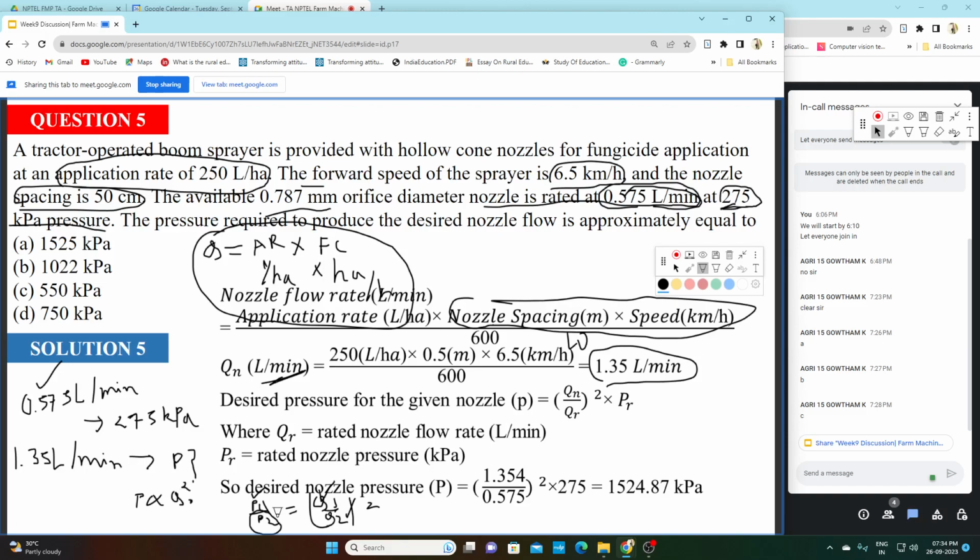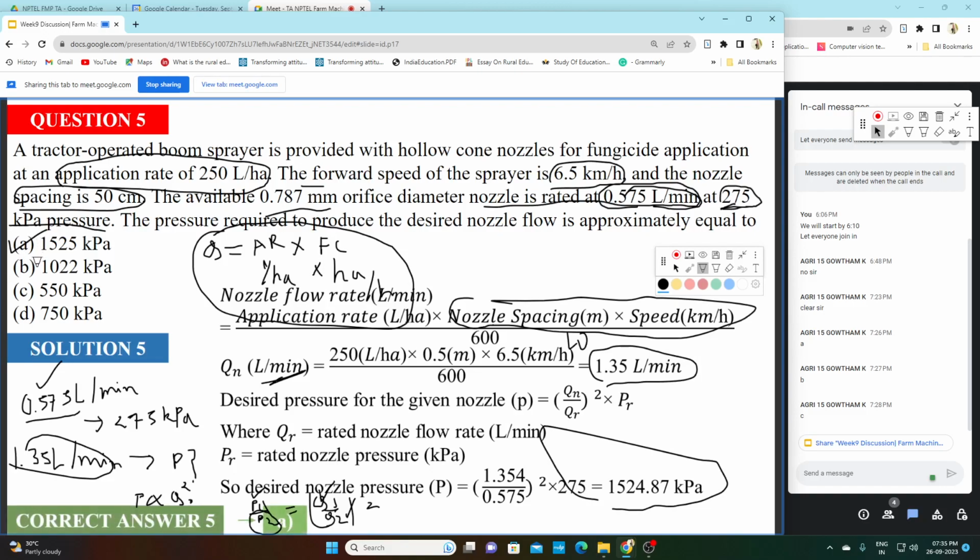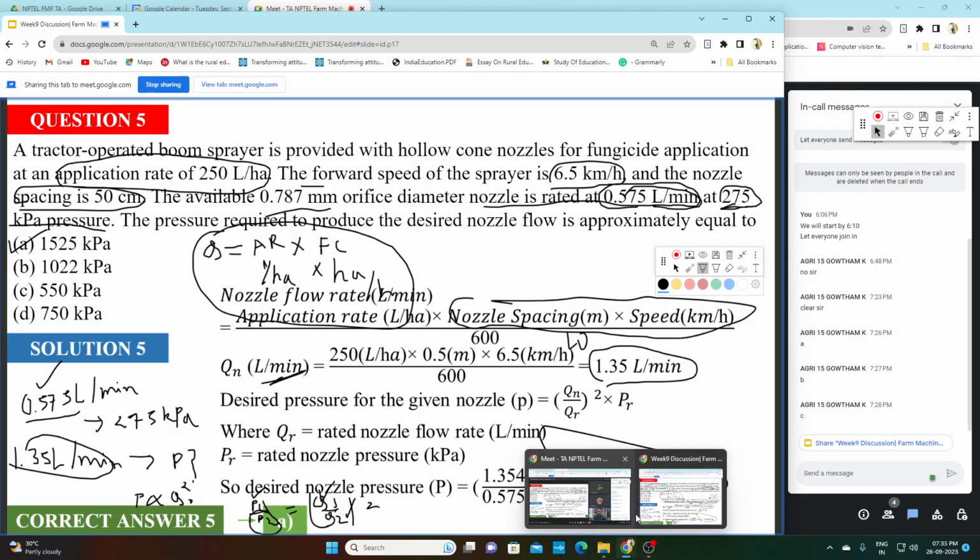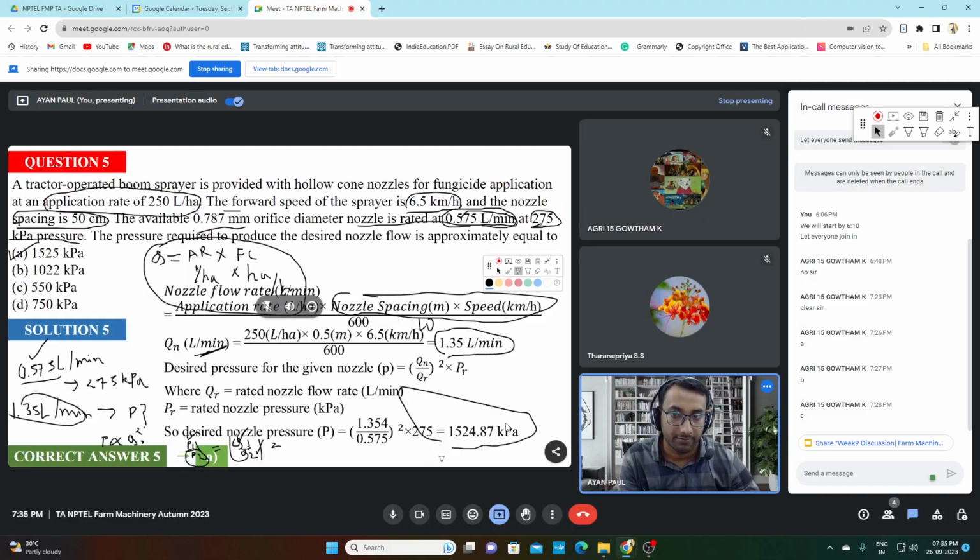So P1 by P2 will be equal to Q1 by Q2 squared. P1 we know, that is 275 kilopascal. We know Q1, that is 0.575 liter per minute. We do not know P2, but we know Q2, that is 1.35 liter per minute. So by this we can find P2. P2 is coming 1524.87 kilopascal. So option A is your correct answer. Is this question clear to all of you?